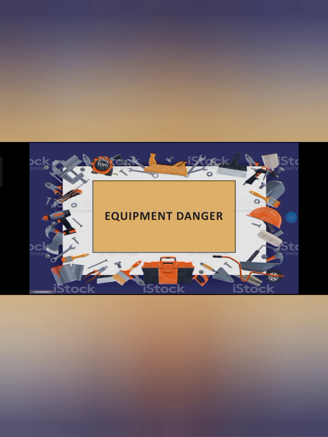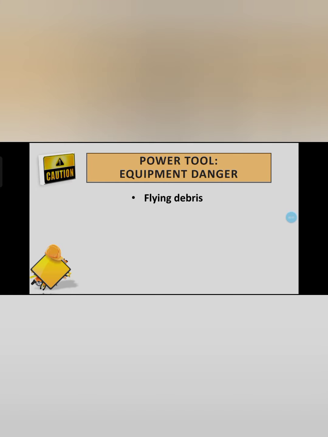Guys, equipment danger of these power tools. So, it is important to note that those who use the power tools frequently are often exposed to the hazards of flying debris. Okay? Okay, so flying debris, harmful dust, fumes, sparks, vapors, and gases.